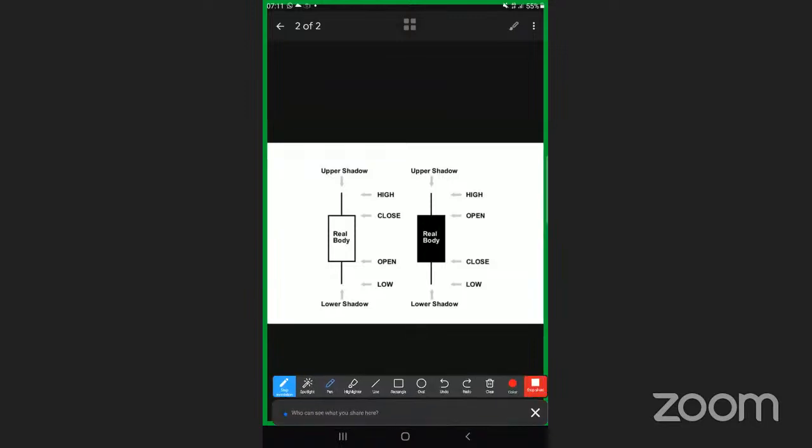When you understand candlesticks, you will understand the language that buyers and sellers use to express themselves when they are buying and selling. That's what I am trying to portray to you.